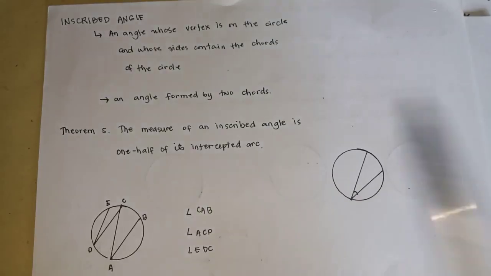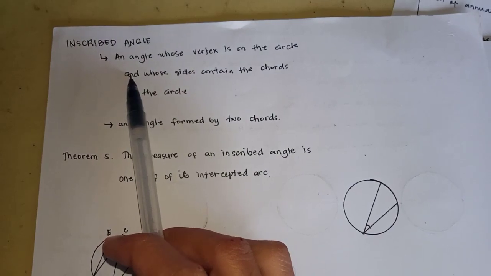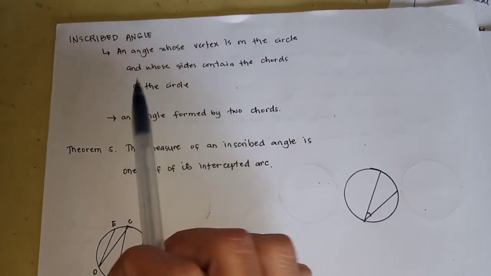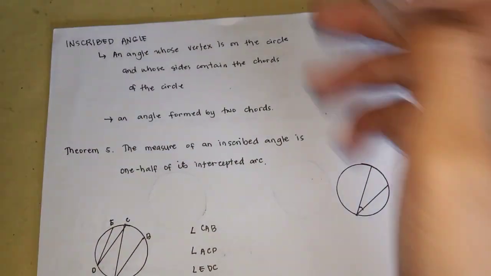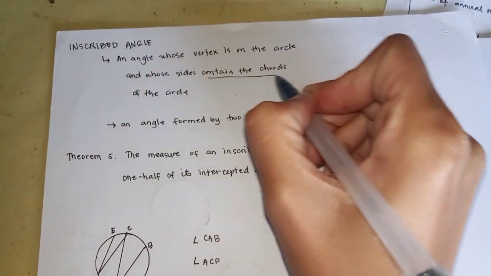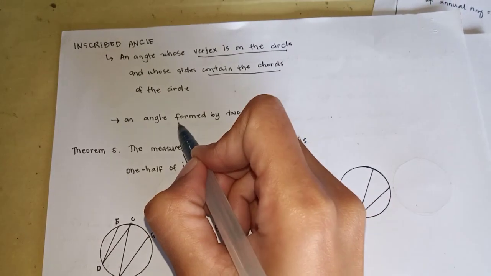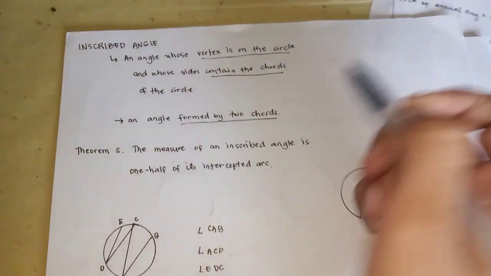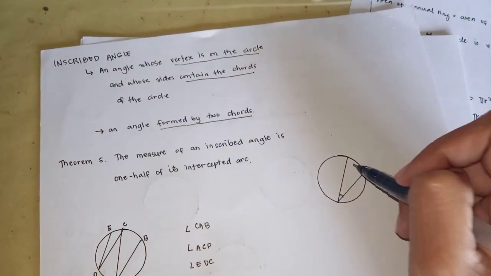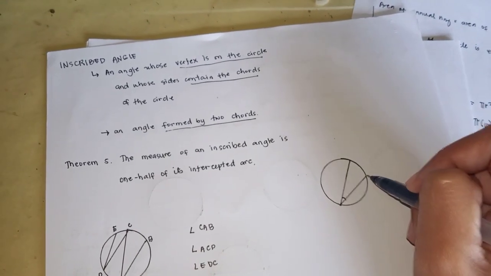Let's move to inscribed angle. It is an angle whose vertex is on the circle and whose sides contain the chords of the circle. In short, it is an angle formed by two chords. It has a theorem: the measure of an inscribed angle is 1/2 of its intercepted arc. I have drawn here an inscribed angle.